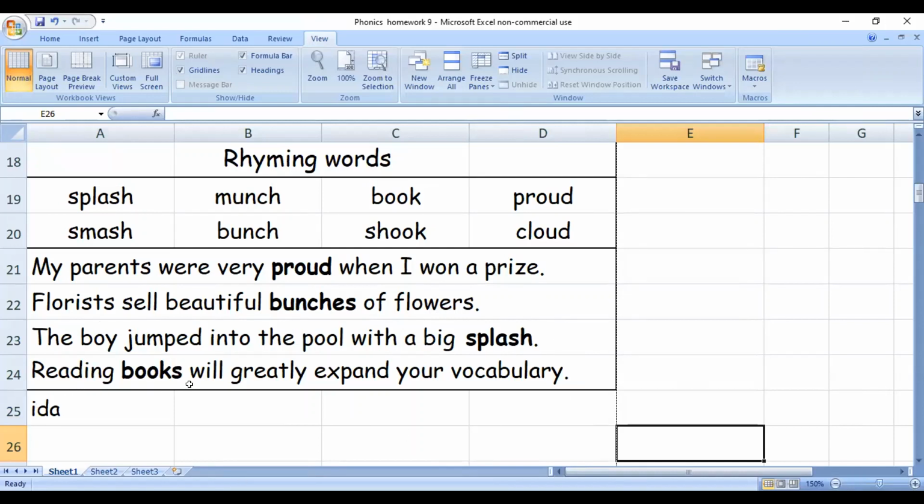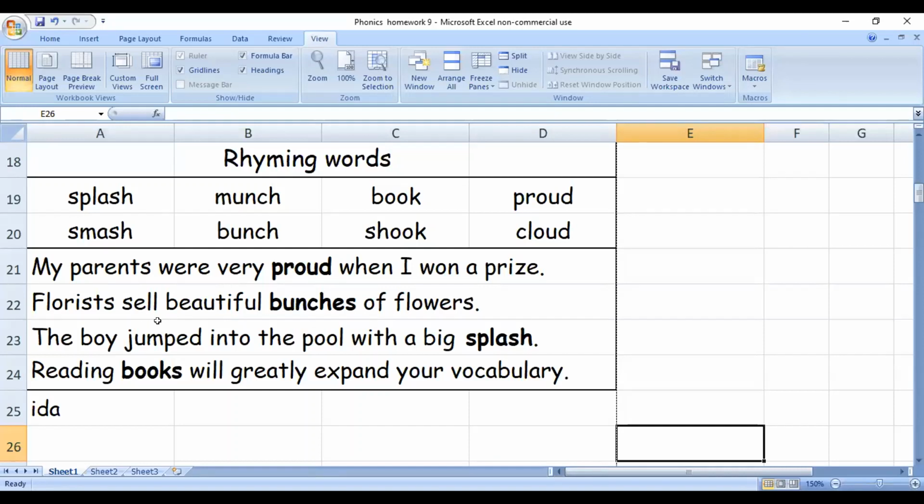Reading books will greatly expand your vocabulary. The boy jumped into the pool with a splash, and proud means parents feeling pride.